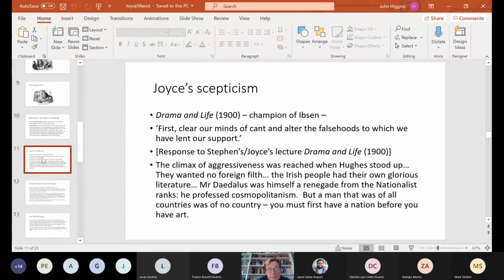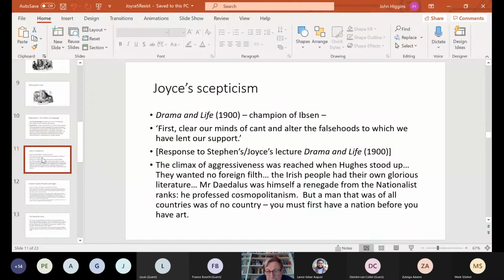In Stephen Hero, his first draft of a portrait of the artist, or a sketch for the portrait of the artist, really, not really a first draft as such, as it's so radically different, he remembers the moment of its reception in the following terms, noting how the climax of aggressiveness was reached when the nationalist student Hughes stood up, saying, "They wanted no foreign filth.